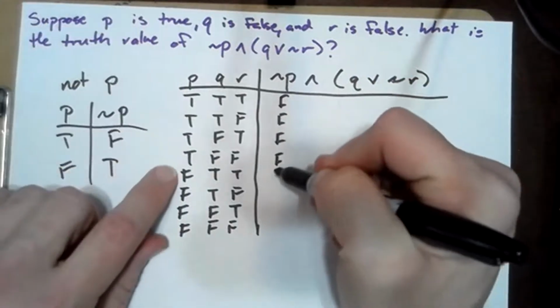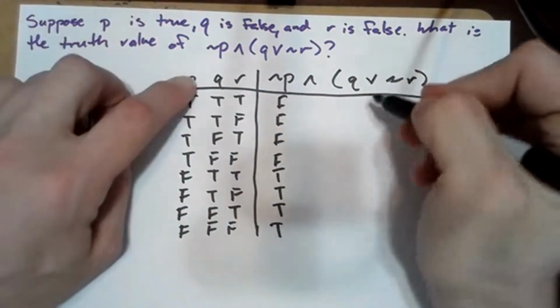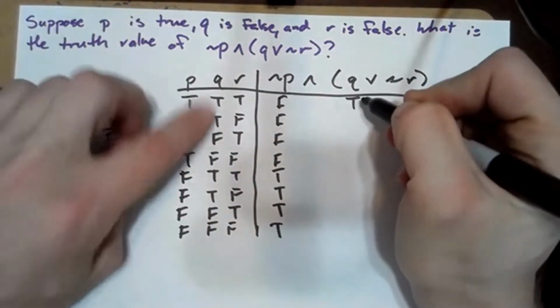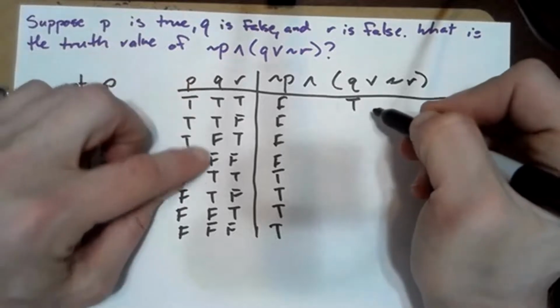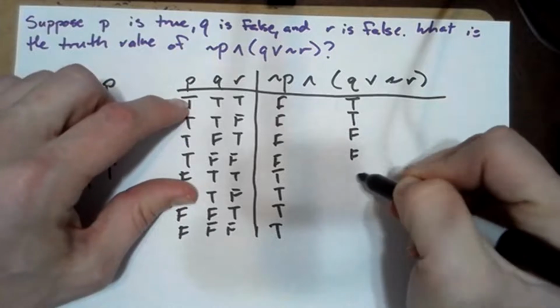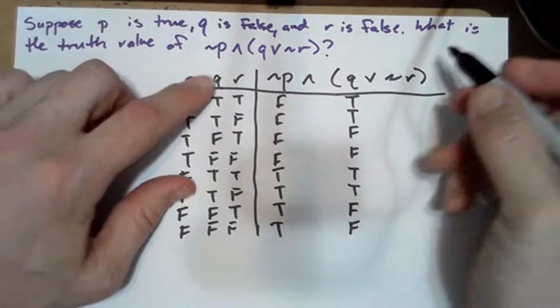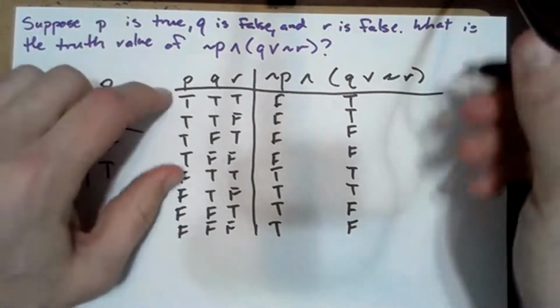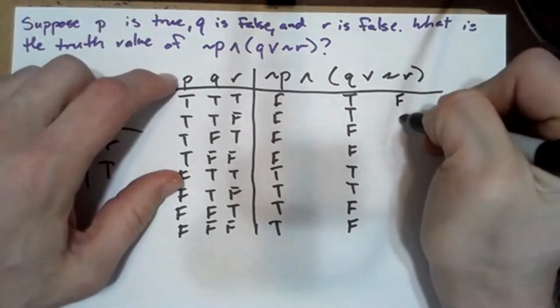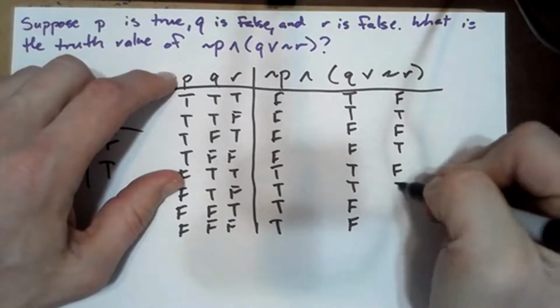And if P is false, then not P is true. Obviously, Q just follows the pattern for Q: true, true, false, false, true, true, false, false. And not R is the opposite of the pattern for R, so it goes false, true, false, true, false, true, false, true.